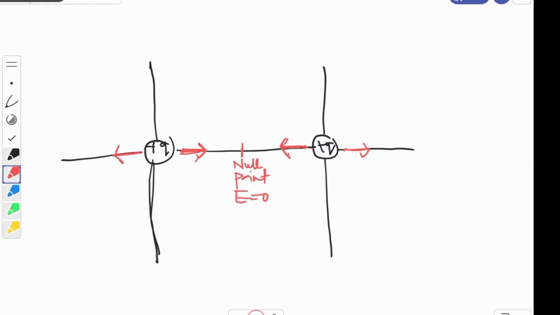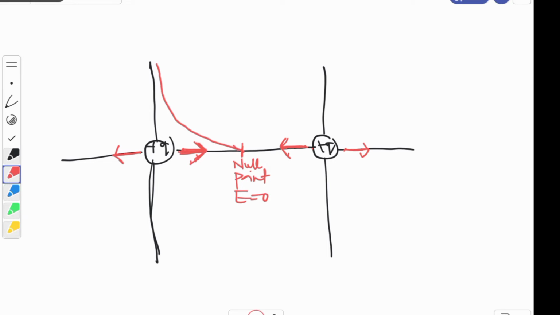Now let us see how to draw the graph. Now for plus q, the electric field over here, we are considering this point now. The electric field direction is towards right. So towards right means obviously it is in the positive y-axis, and just near to the charge your electric field will be maximum. It will keep on decreasing and it will become 0 since it is cancelling out.